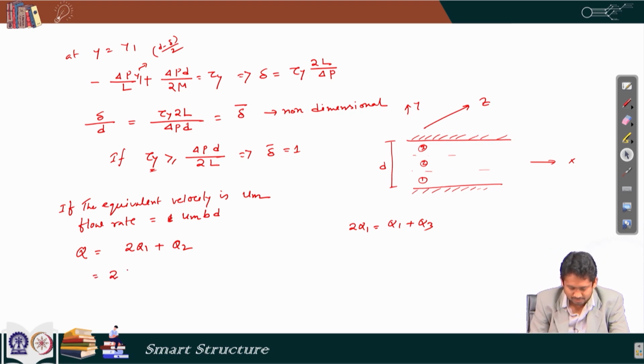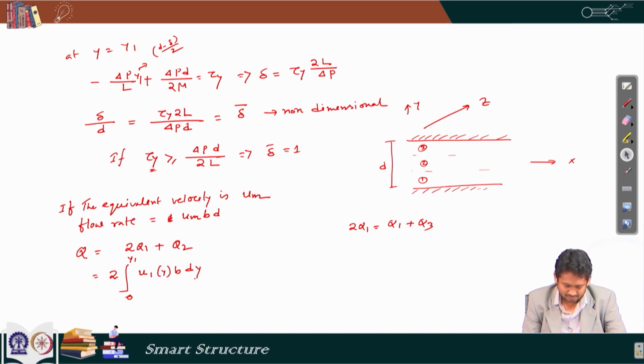So, to find this out, we perform integration from 0 to y 1, and then we multiply here u of y, and then we multiply that quantity by b, and then we integrate from 0 to y 1.